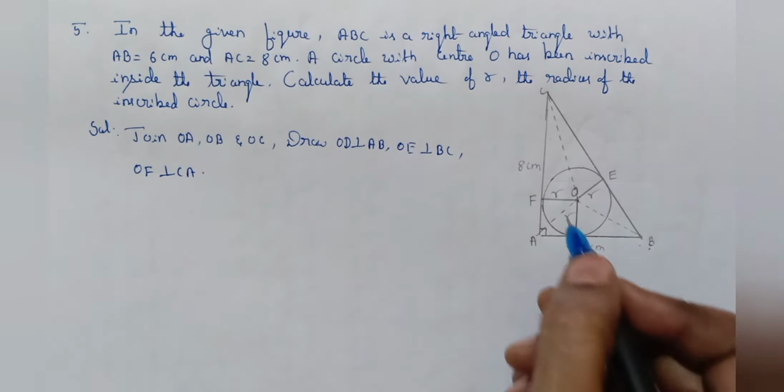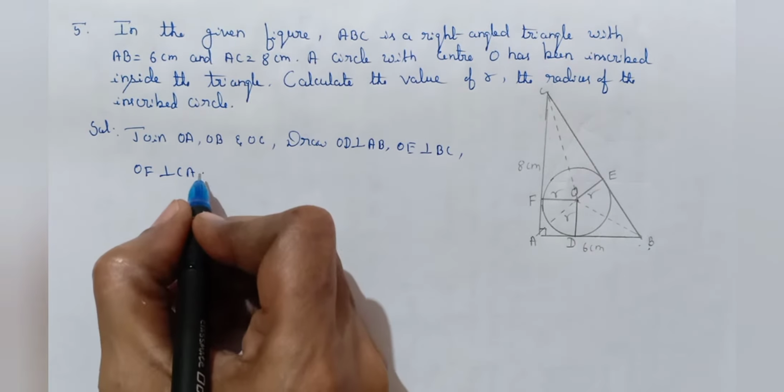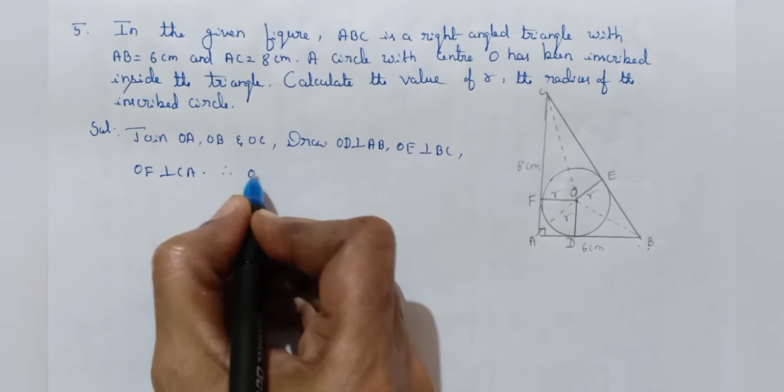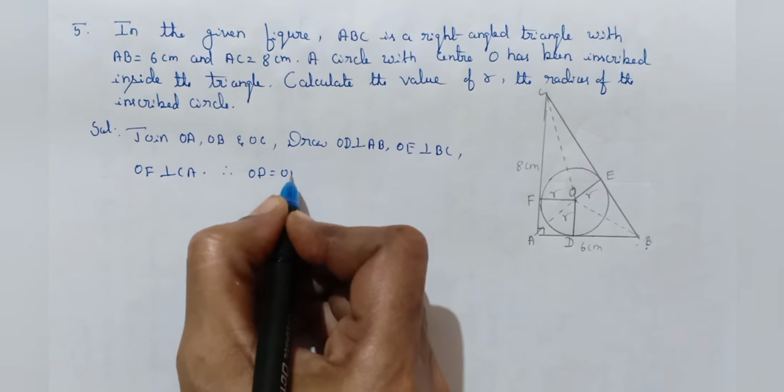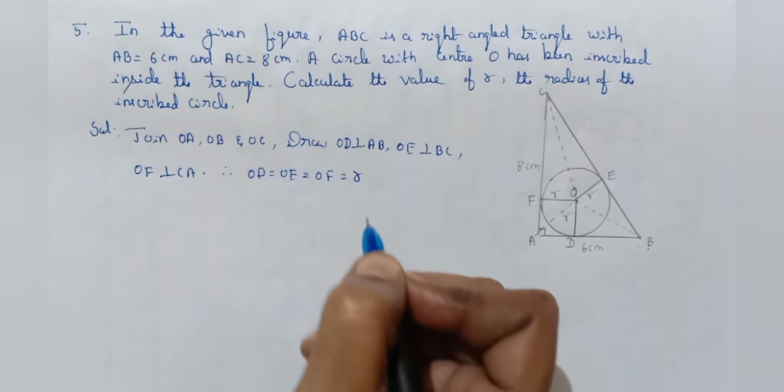Here OD, OE and OF are the radii of the inscribed circle. Therefore OD is equal to OE is equal to OF is equal to R.